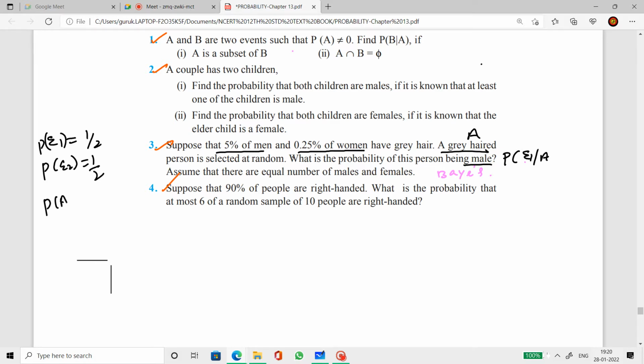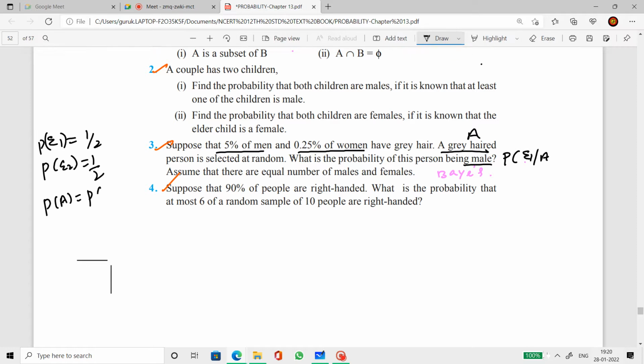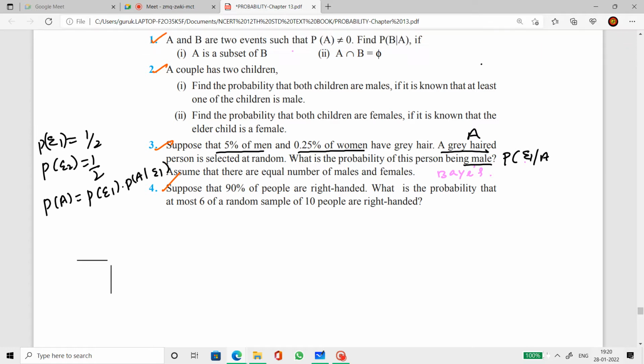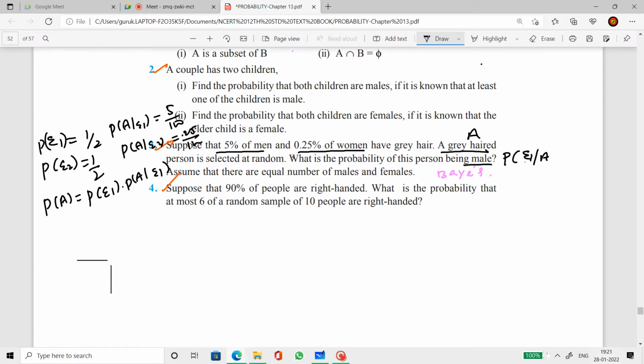So P of A is our total probability, which is P of E1 into A given E1. And what is P of A given E1? Selecting a male having grey hair, which is 5 by 100. And P of A given E2 is 0.25 by 100.